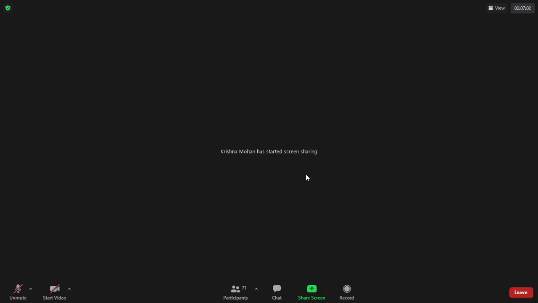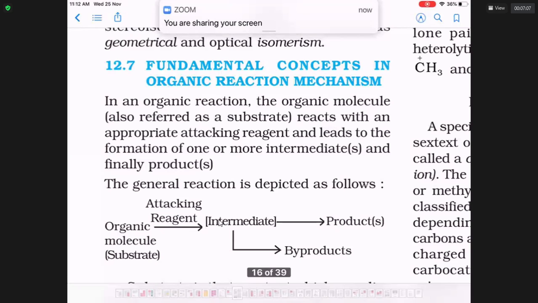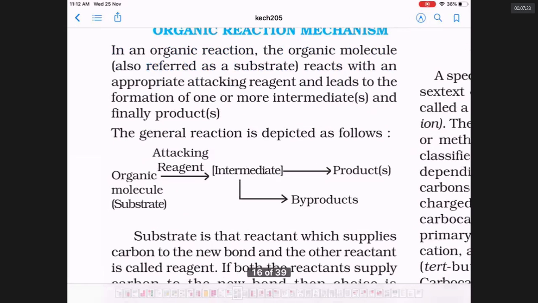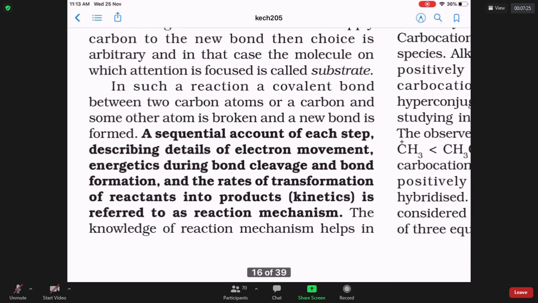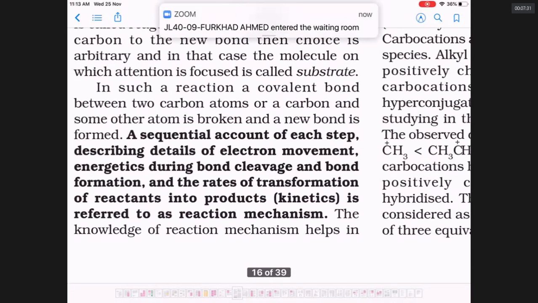So we are studying this fundamental idea. What is reaction mechanism? Study of all steps involved in the course of conversion of a starting organic substance into final product is called mechanism. Often in organic chemistry, we study mechanisms. To study mechanism, we need to be familiar with some terms. A sequential account of each step describing the details of electron movement, energetics during bond breakage and bond formation, and the rates of transformations of reactions into products is referred to as reaction mechanism.